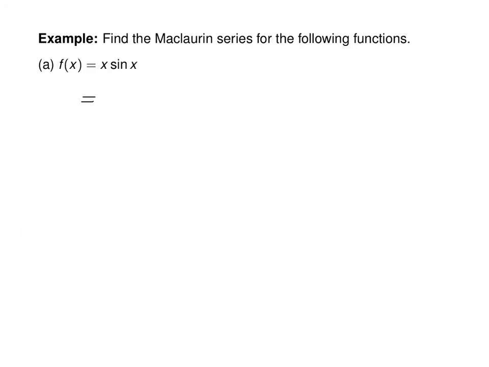We can find the Maclaurin series for this function by taking x multiplied by the series for sine, which was a sum from n equals 0 to infinity, negative 1 to the n, x to the 2n plus 1, all over 2n plus 1 factorial.